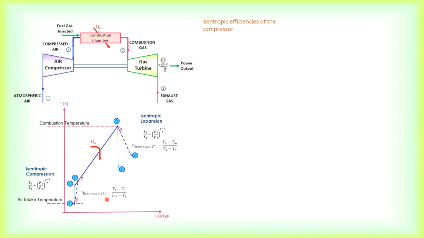So they have given us the isentropic efficiency for the compressor, which is 0.82. Okay, so T2, which we have found, 556, T1 which is given, 288. So from this we will be able to find our T2 prime, which is 614.83.